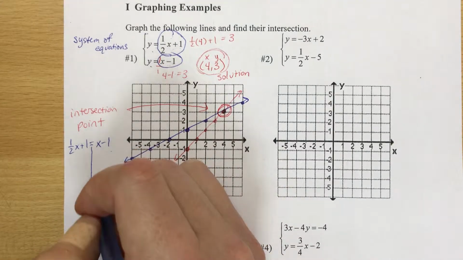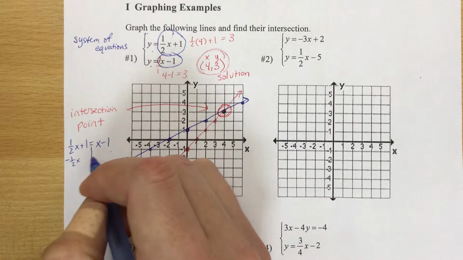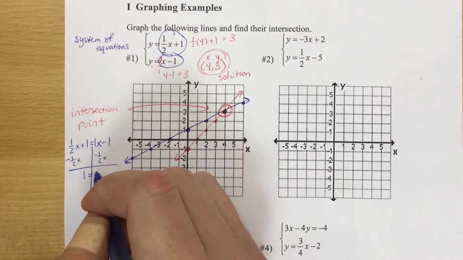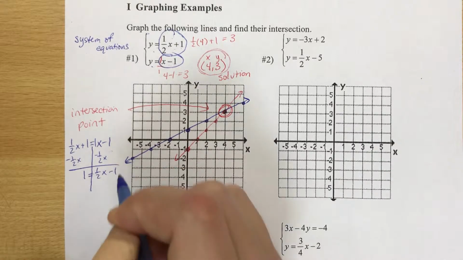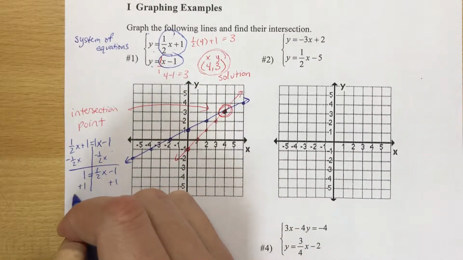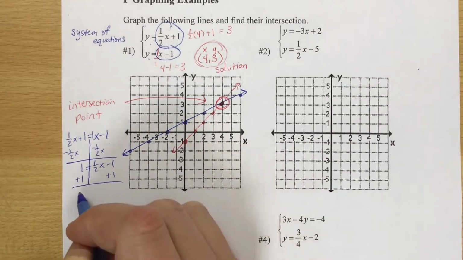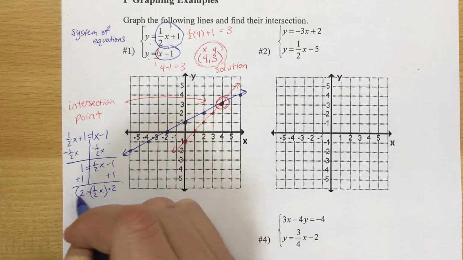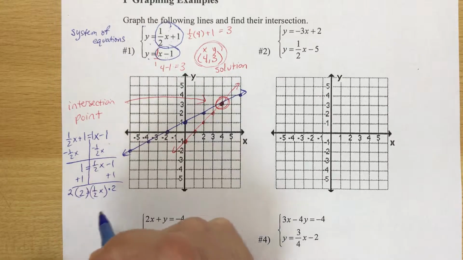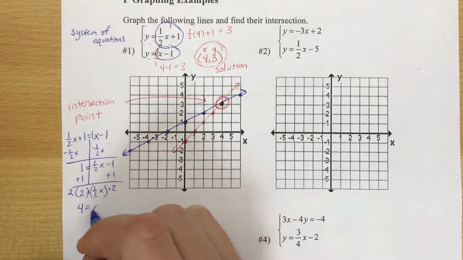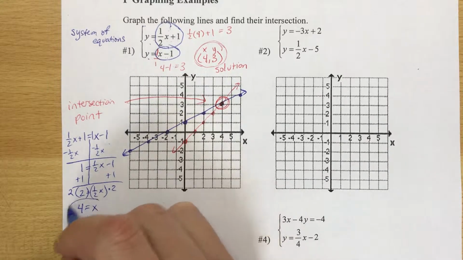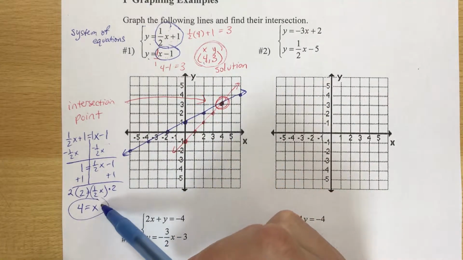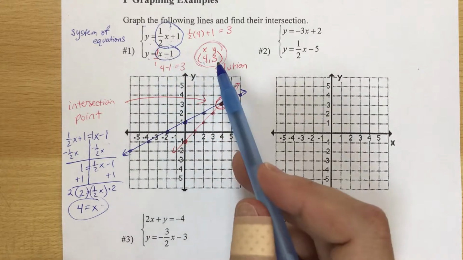Now to solve it here, I would go minus 1/2 x on both sides, and then 1 minus 1/2 is 1/2. I'd go plus 1, and we would get 2 equals 1/2 x, and then to solve that, we'd multiply both sides by 2, and we get 4 is equal to x. Well, there we go. There's the 4. And if I wanted to find the y value, I would plug it back in here and I'd get 3.